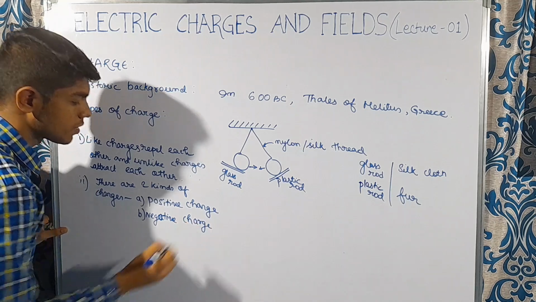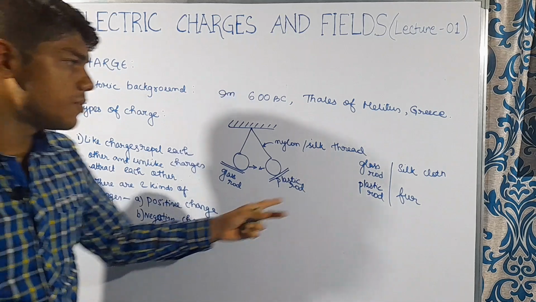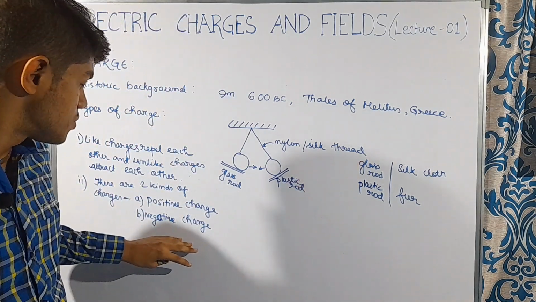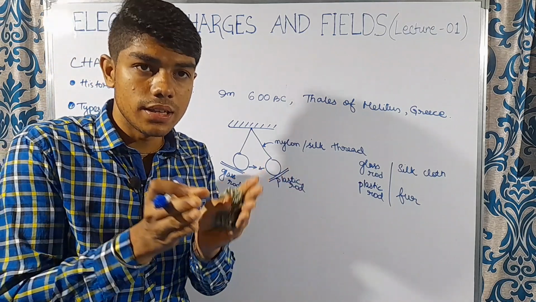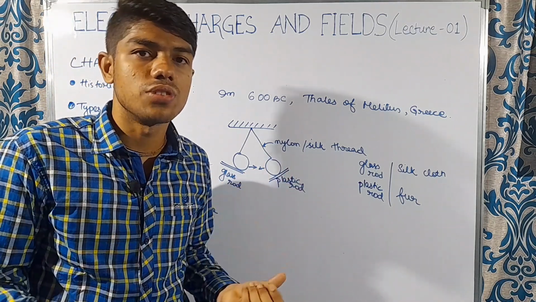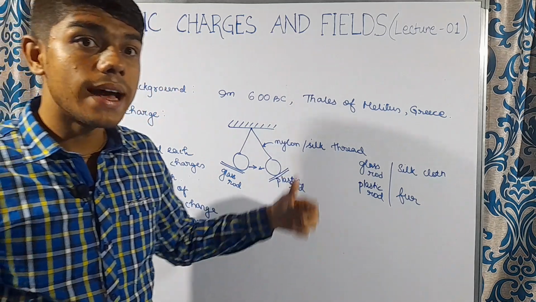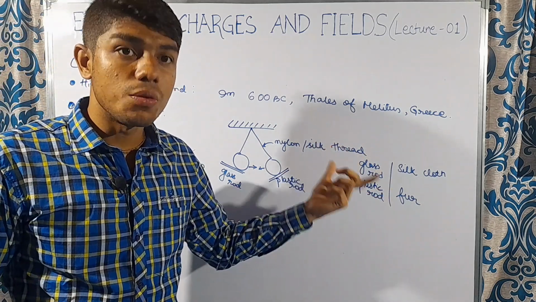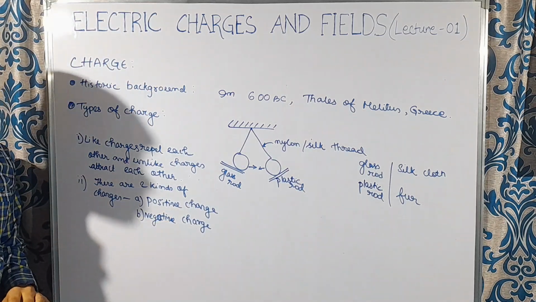Because this is the charge that will be acquired by one body, and negative charge will be acquired by the other body, and when you bring them in contact, they will get neutralized. Okay, so in order to comply with that experimental observation, the charges were named as positive charge and negative charge.